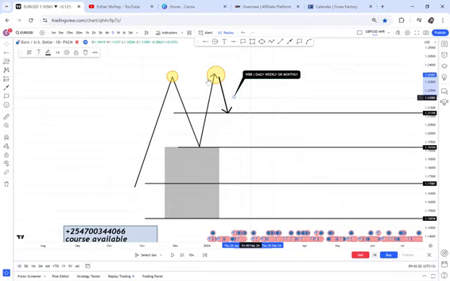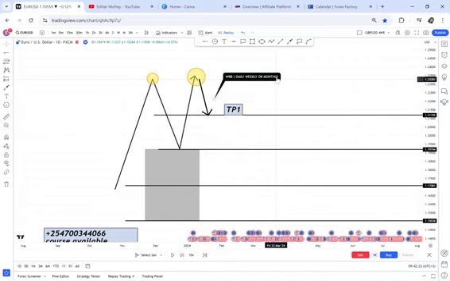You use WBB to take profit 1. After take profit 1, you cannot use WBB. So for TP1, we use WBB, and after that, I'll show you in this video what to use.